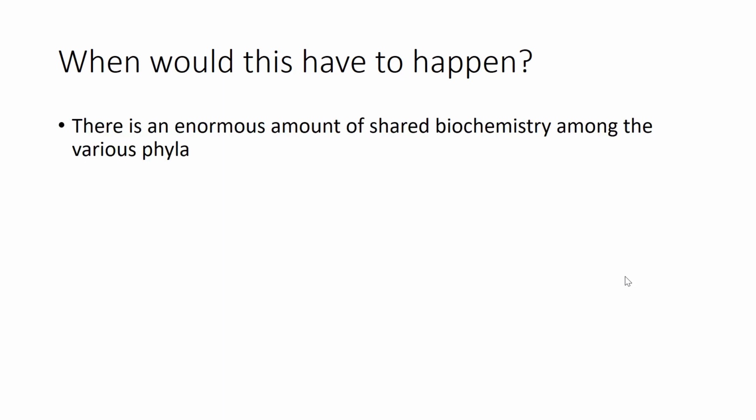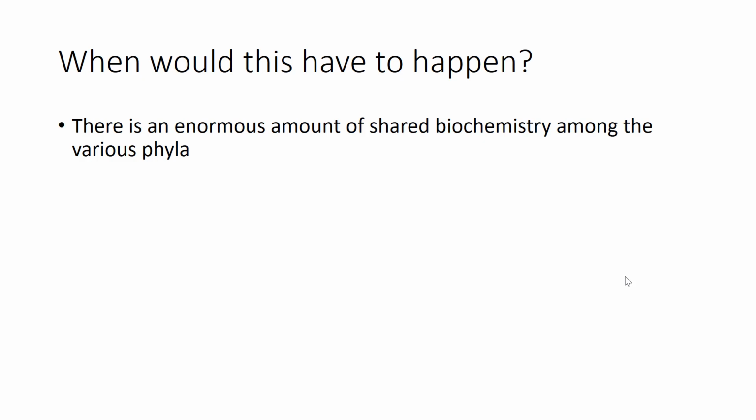And what you find is that when you compare all living forms, there's an enormous amount of shared biochemistry among the various phyla of animals, of plants, of fungi, of protists, of bacteria, of archaea.